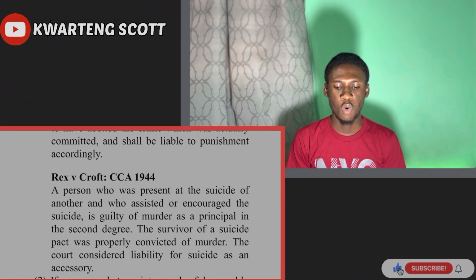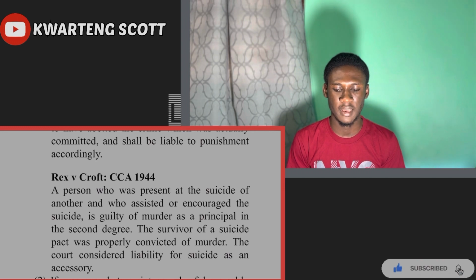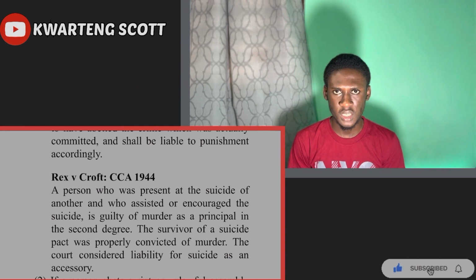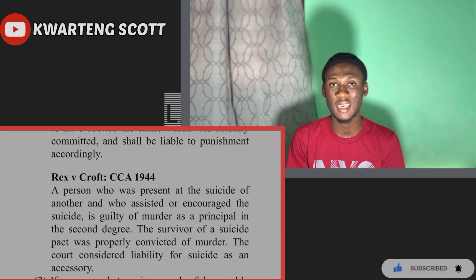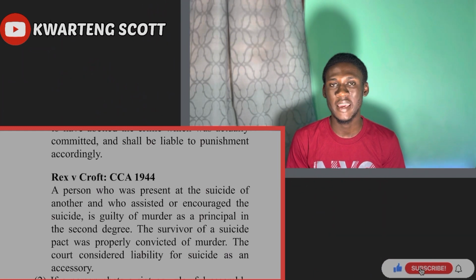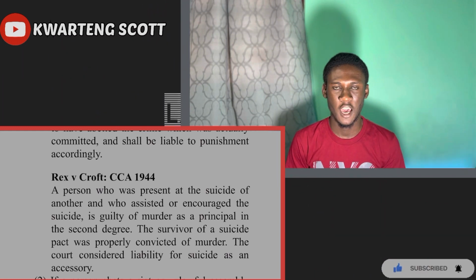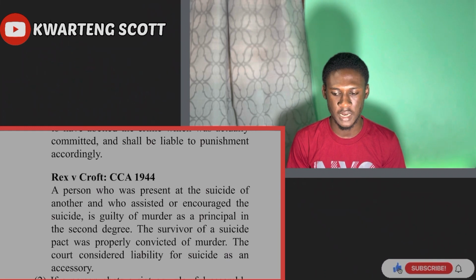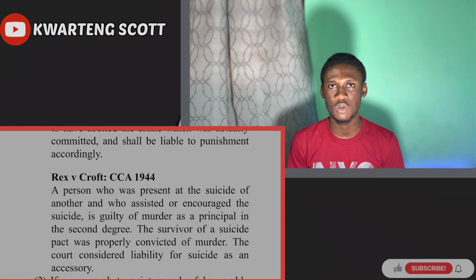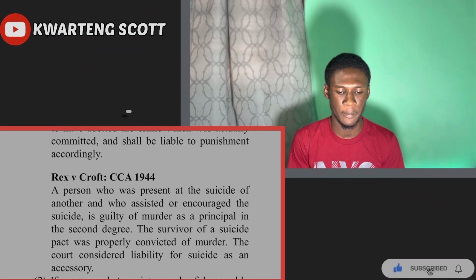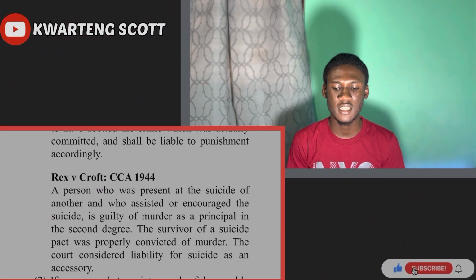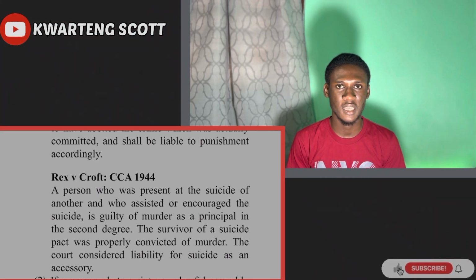A person who was present at the suicide of another assisted or encouraged the suicide. So it was someone who was present at someone killing themselves, and this person actually abetted by helping the one who was committing the suicide. This person who helped was guilty of murder, a second degree, and the survivor of the suicide pact was convicted of murder.